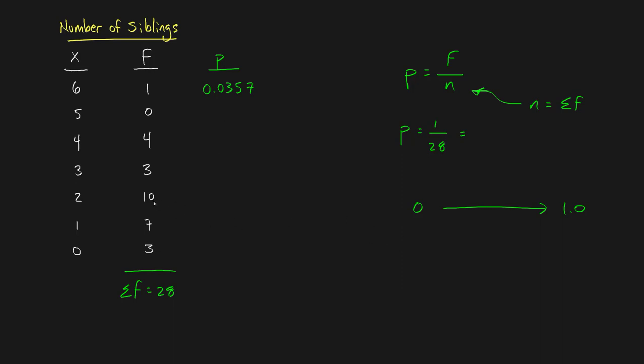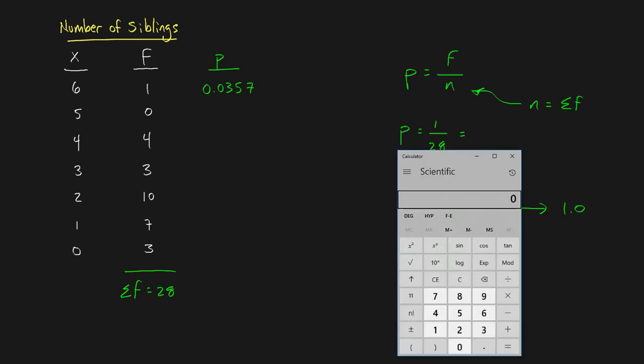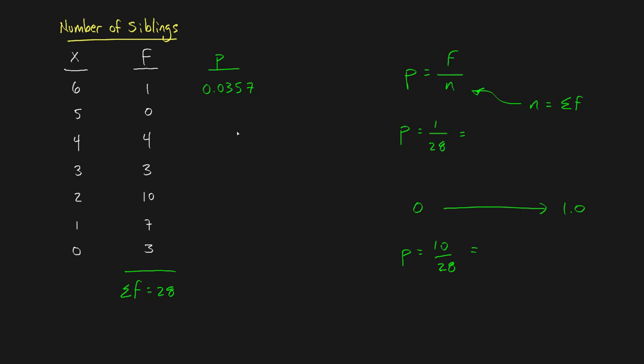10 divided by 28, this one here, the chance or the proportion of times that a 2 came up in our survey, the proportion for that one is going to be 10 divided by 28. And so that's 0.3571.